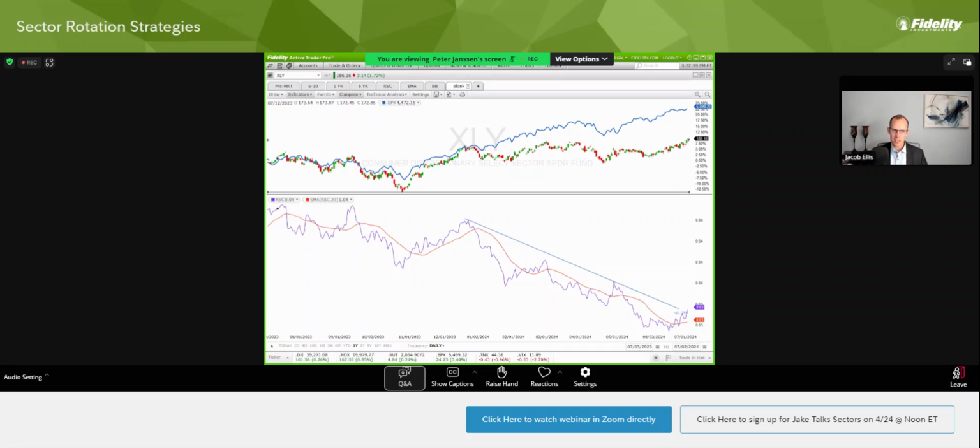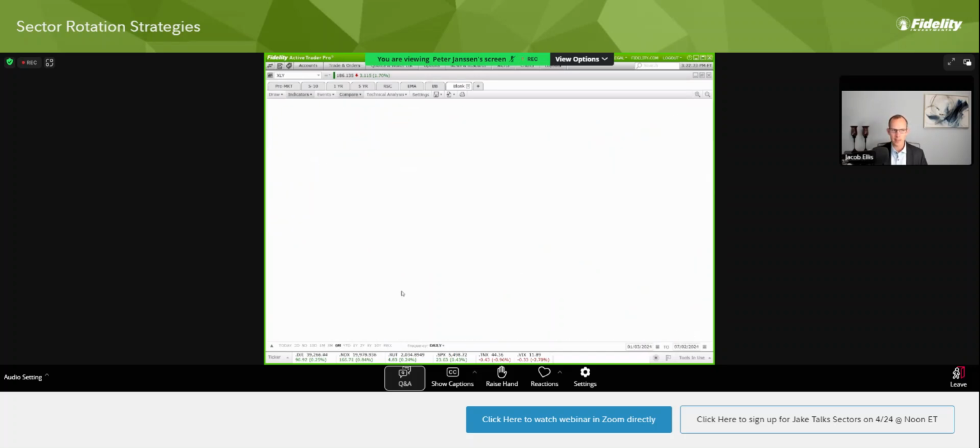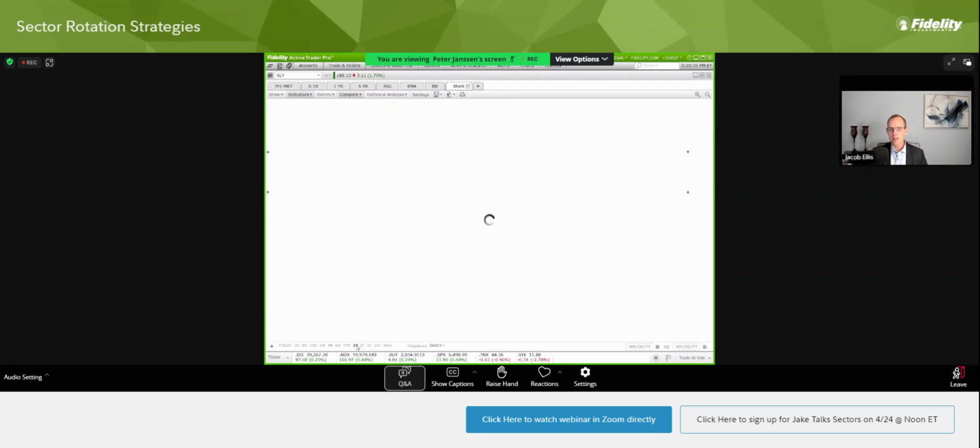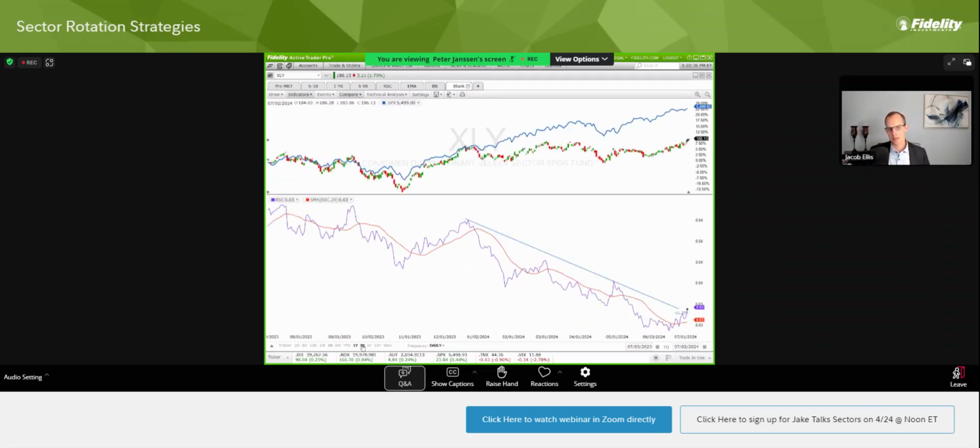But as we start to see the purple line go from below to above, like everything that's happening over the course of the last week and a half or so worth of trading, suddenly there seems to be at least a possibility of a turning of the tides. Maybe consumer discretionary is finally finding its way back into the limelight, moving positive relative to the S&P 500 as an opportunity to potentially shift your portfolio into that if that change in trend continues.